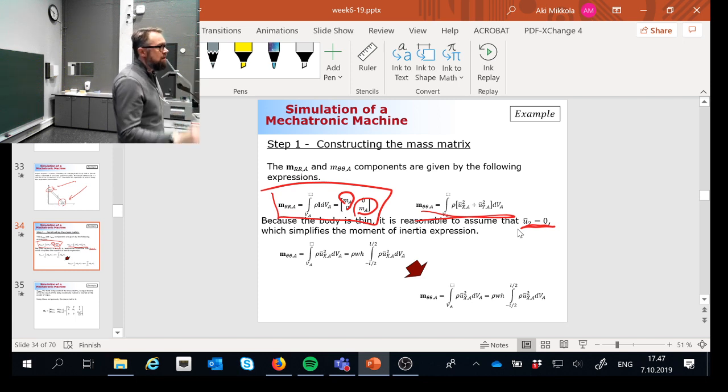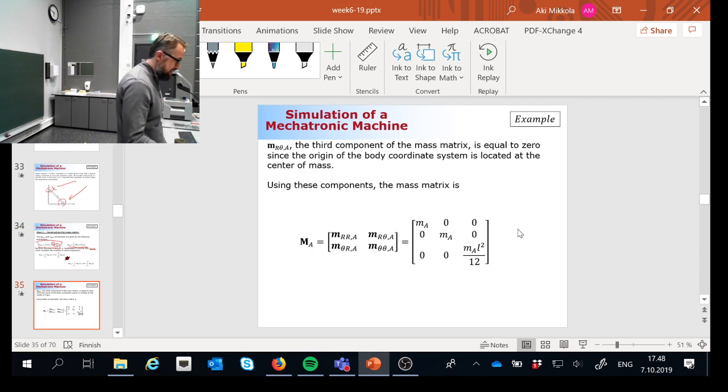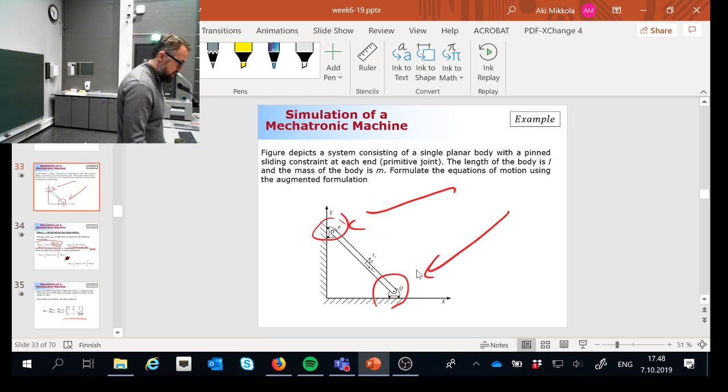If you're not comfortable with that, you can do the computing by taking that into account as well. This is how my mass matrix looks. It's a diagonal representation because the body reference coordinate system is located at the center of mass.